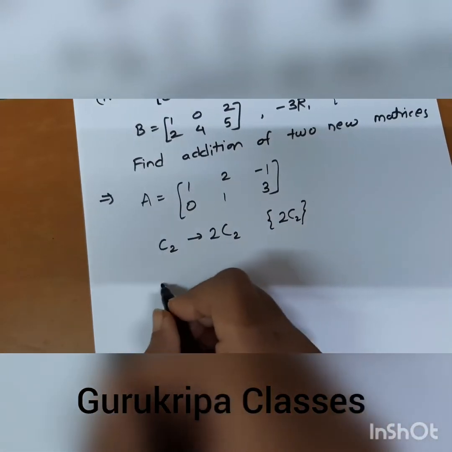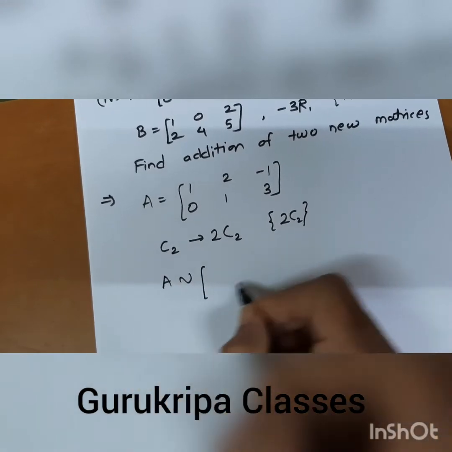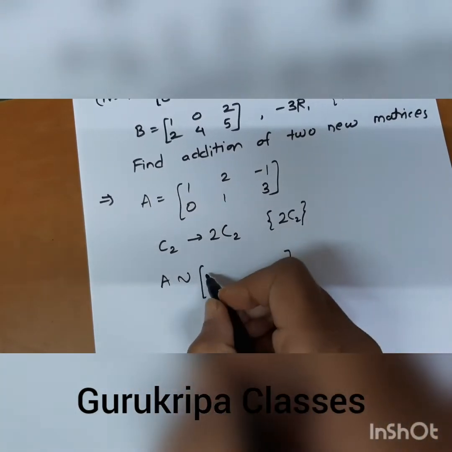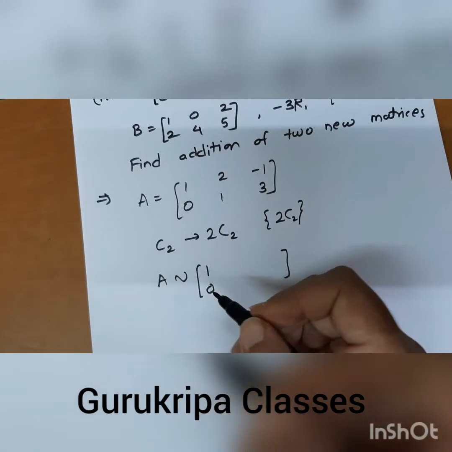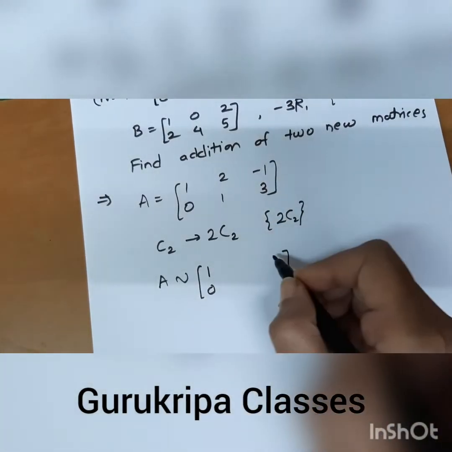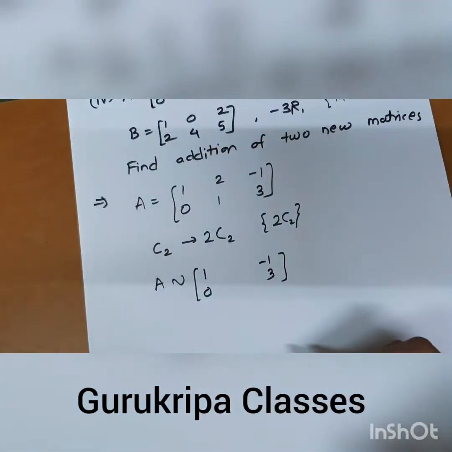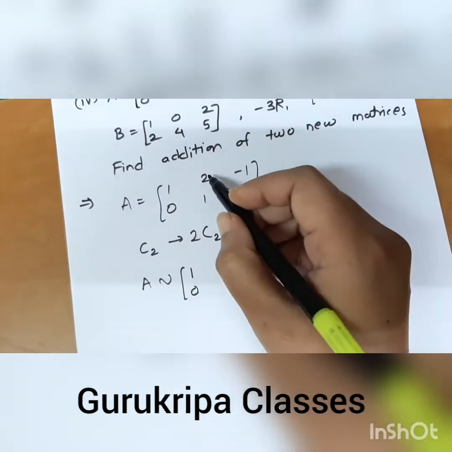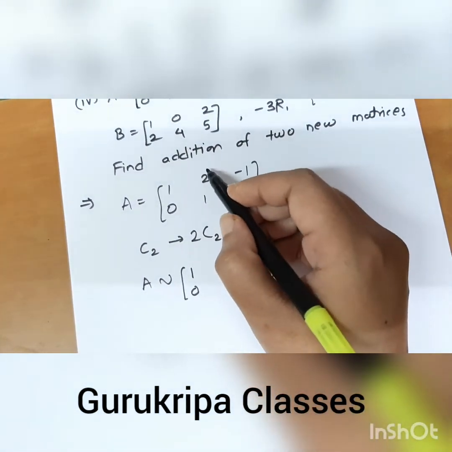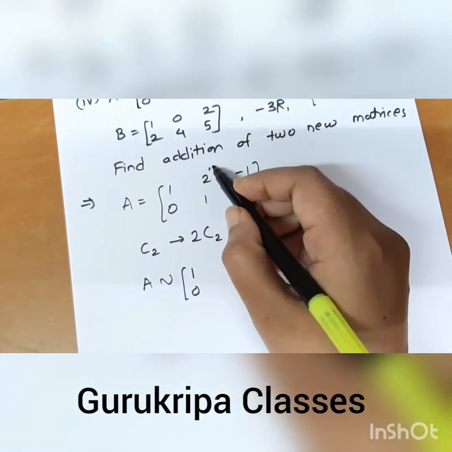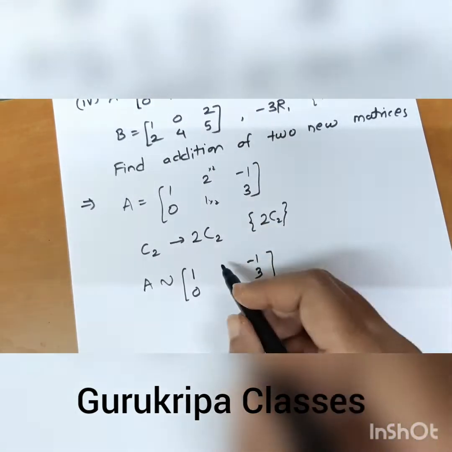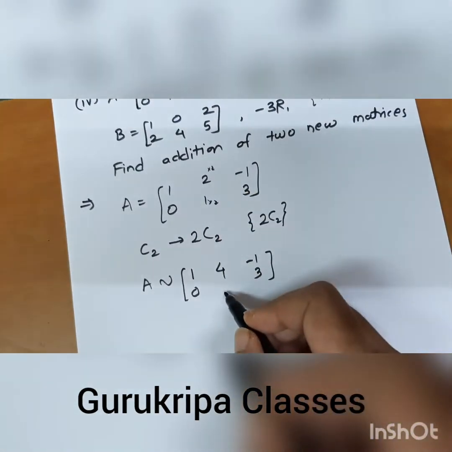Now A is equivalent to: your first column will be same because there is no change in the first column. Your third column will be same. 2C2 means multiply the second column by 2. So multiply here by 2, here by 2: 2 2s are 4 and 1 into 2 is 2.